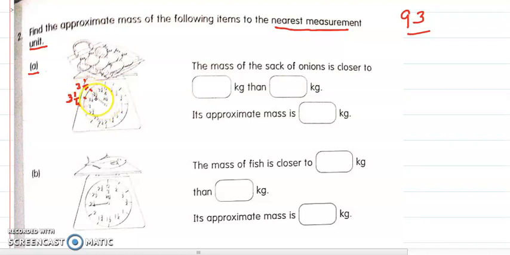But if you look, it is closer to 3/2. So I will say the mass of the onions is closer to 3/2 than 3/4. So its approximate mass is going to be 3/2. Of course, we will write the approximate mass to the closest one.